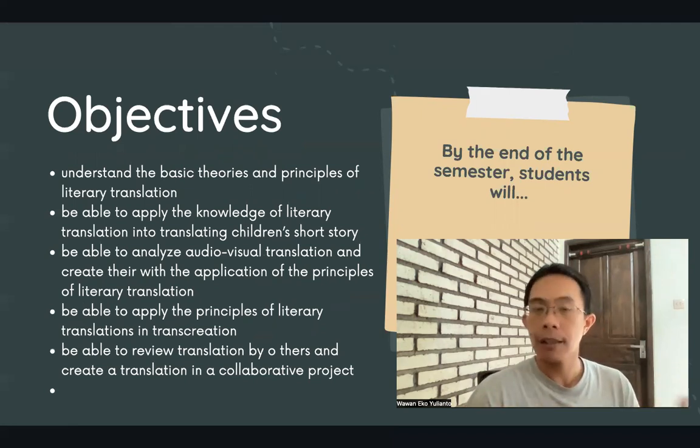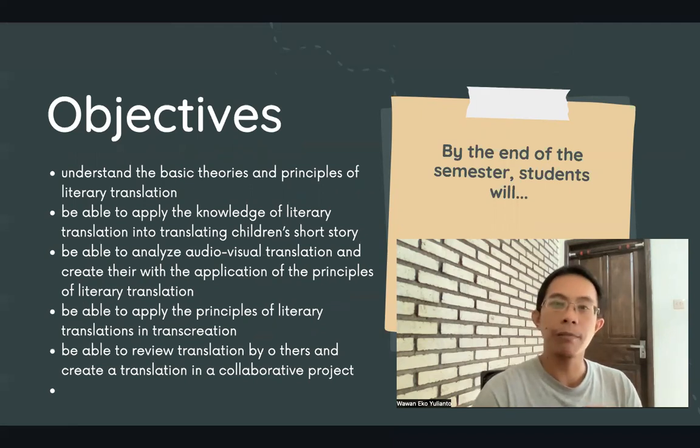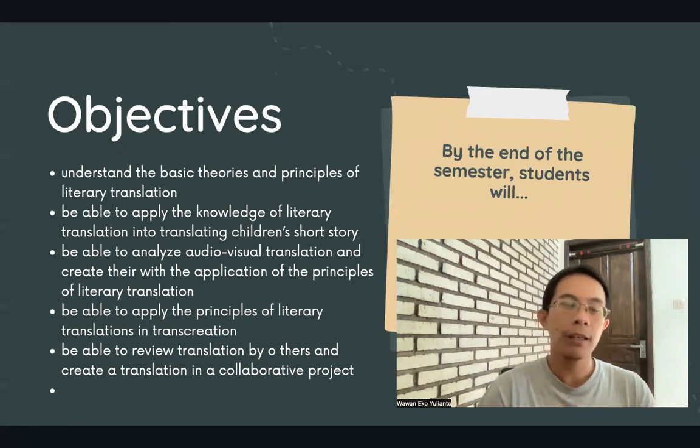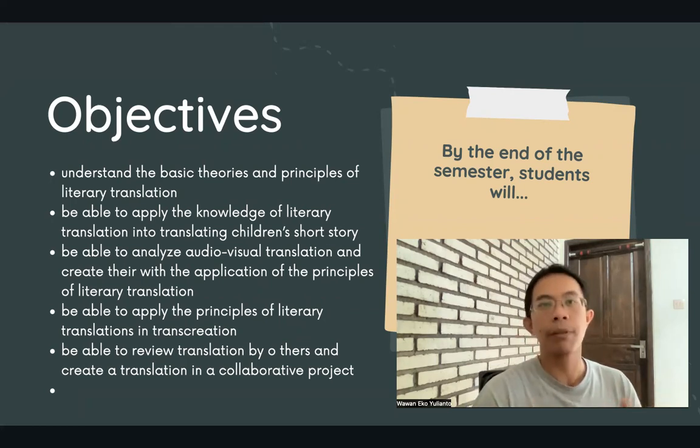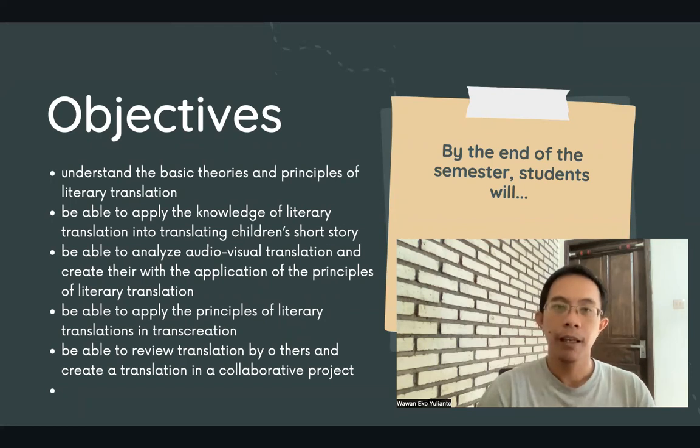First, you will understand the basic theories of literary translation, and then you will be able to apply the theories or the knowledge in translating a children's short story. And then you will also be able to apply the same principle in translating audiovisual materials.